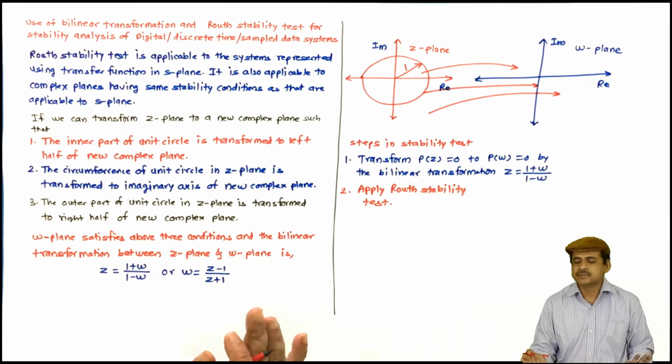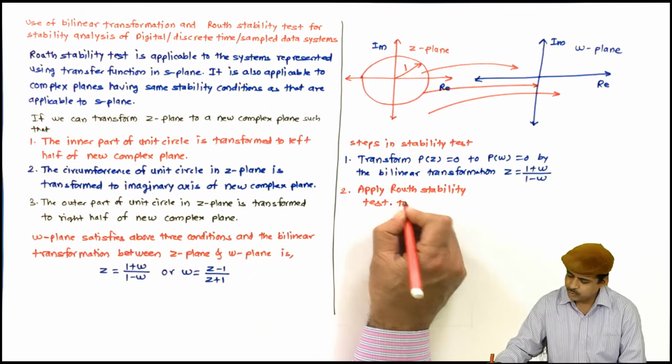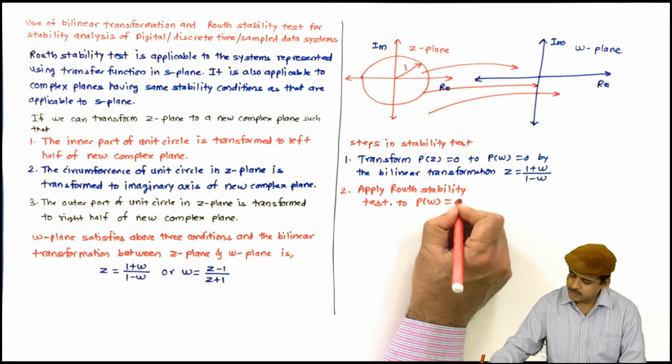Very simple. Routh stability test to what? To the characteristic equation P of W equal to 0.